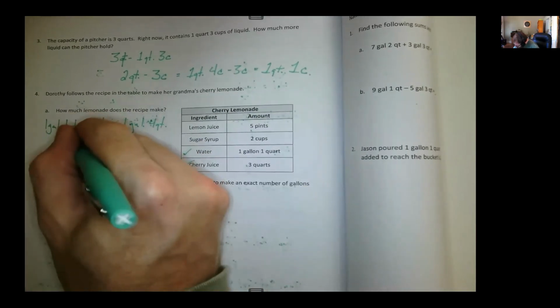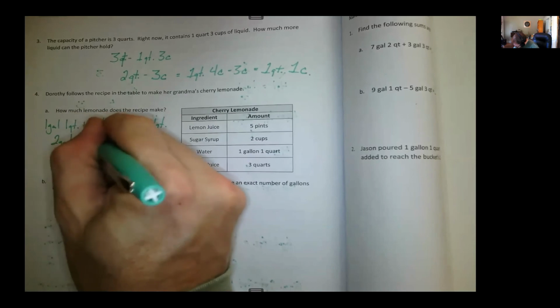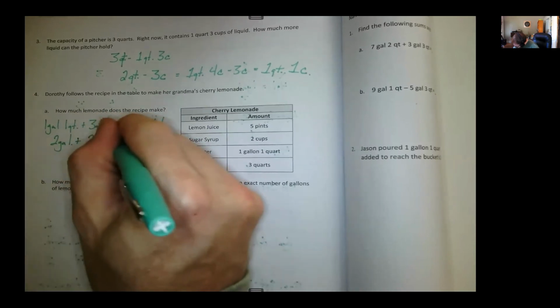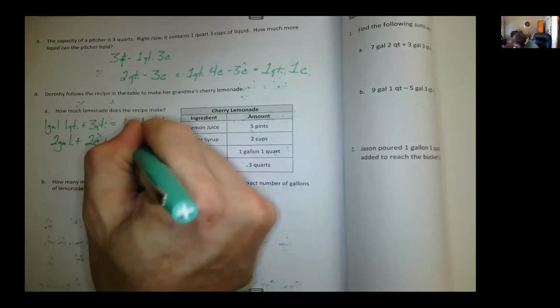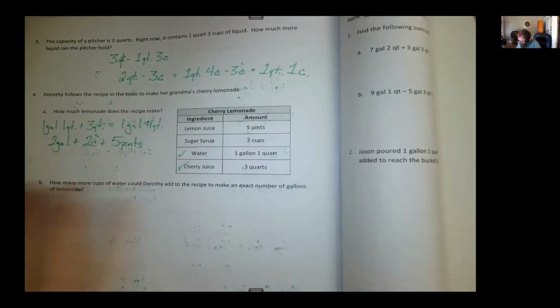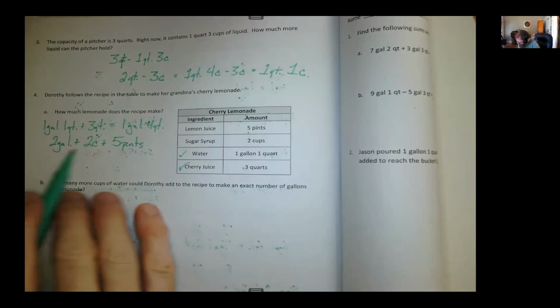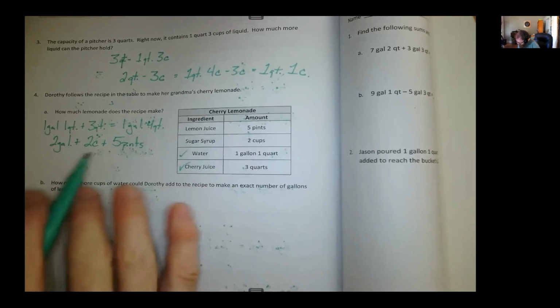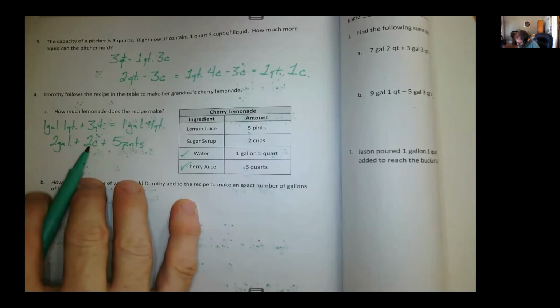So now we have to do 2 gallons plus 2 cups plus 5 pints. How can we convert cups and pints and make them the same unit?